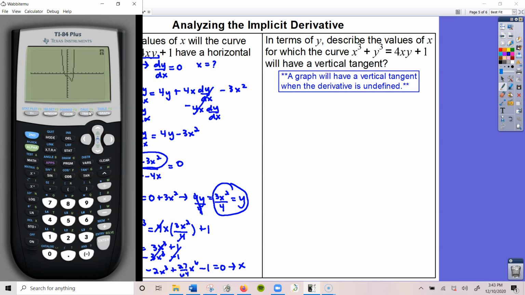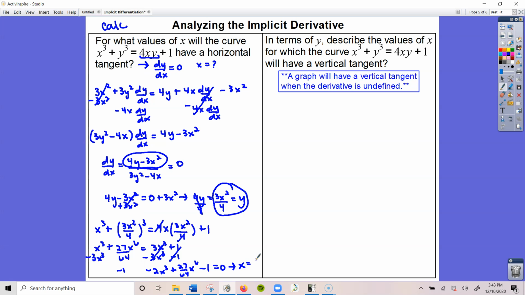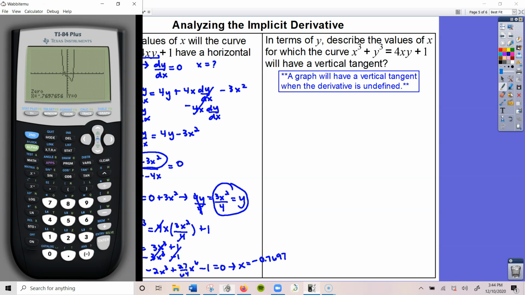So we'll go to second calc. Remember that we go to 0. Select the left bound. I'm finding the left x-intercept first, and the right bound. And I get that x is equal to negative 0.7697. So that's one solution. And now we're going to go ahead and find the other solution.